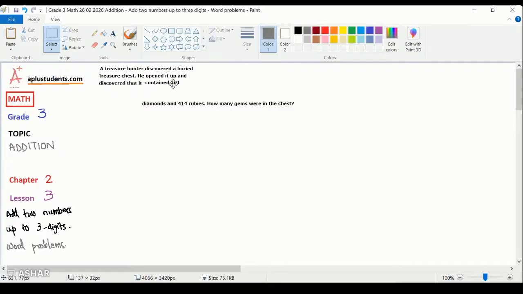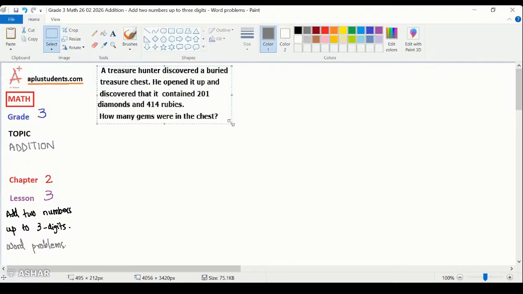Sometimes I need to realign so that we have more space. Okay. So this is the statement in question number 1.